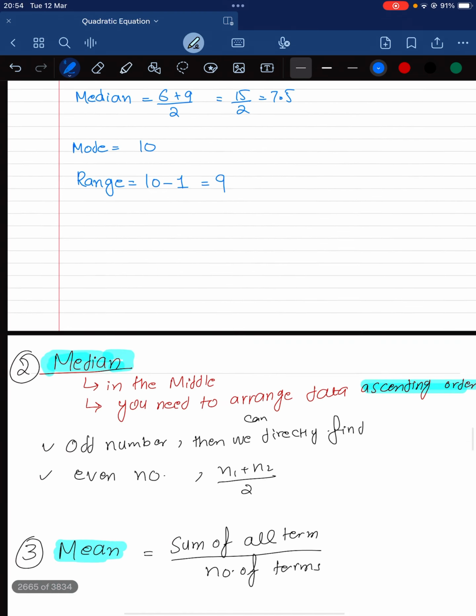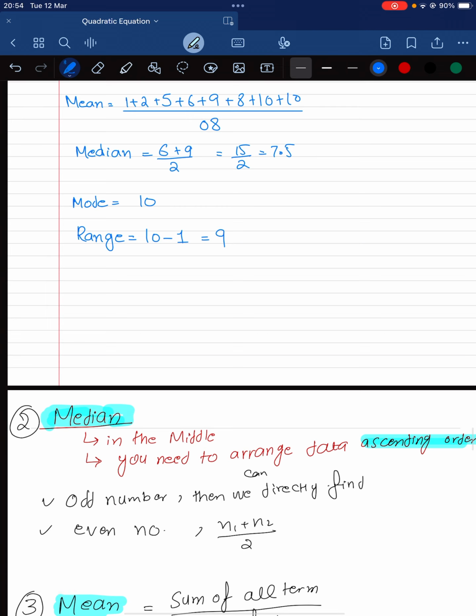Let's say we need to explain the median more. Say we have a second set of data: 2, 3, 5, 6, 7, and we need to find the median. The data is already arranged, so we can take half the data on one side and half on the other side, and then 5 is the median. Sometimes we have an odd number of terms and sometimes an even number of terms.